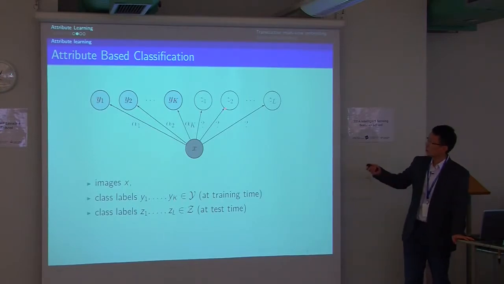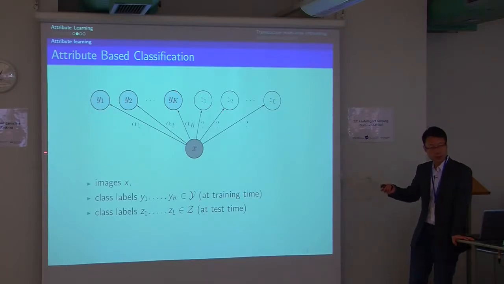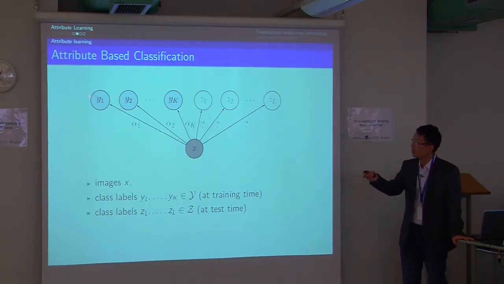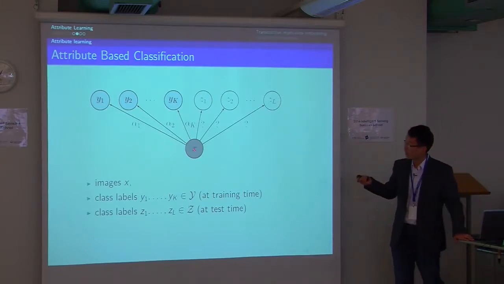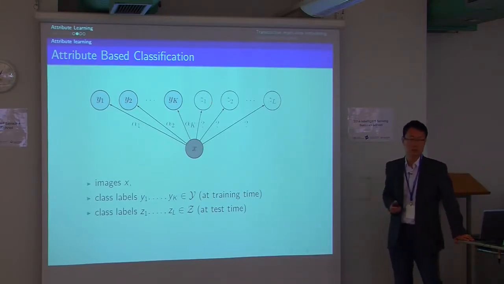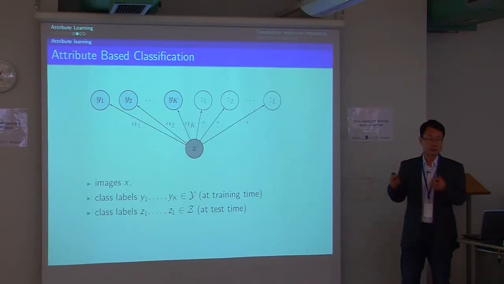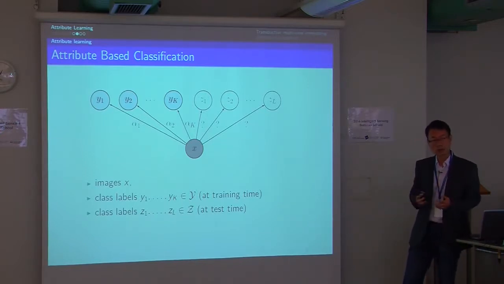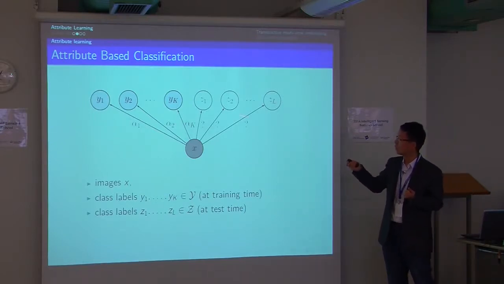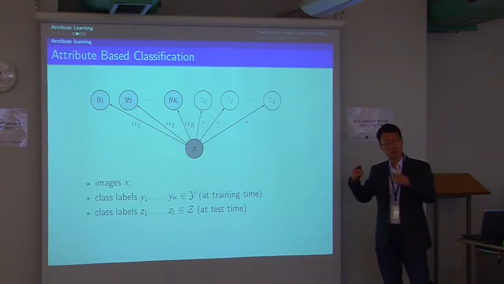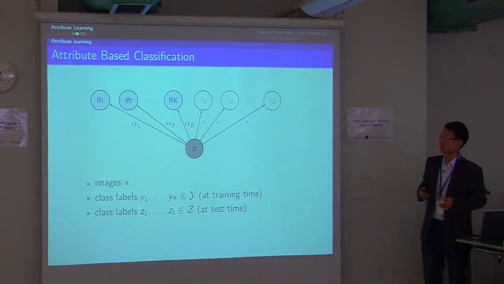During testing, you are not interested in recognizing X into one of these known or seen categories. You want to recognize X into one of these unseen categories. In a conventional supervised learning approach, this problem has no solution because you have never seen any example belonging to these new classes, and the old class data wouldn't help you to recognize them.